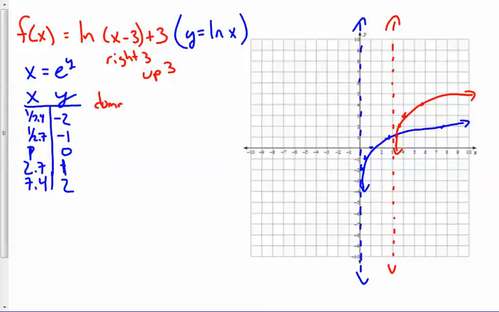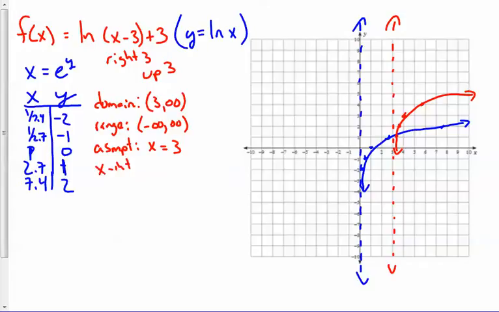Its domain would be 3 to infinity, a range of negative infinity to infinity, an asymptote of x equals 3, and it has an x-intercept of about, we'll say 3 1/9, 0.